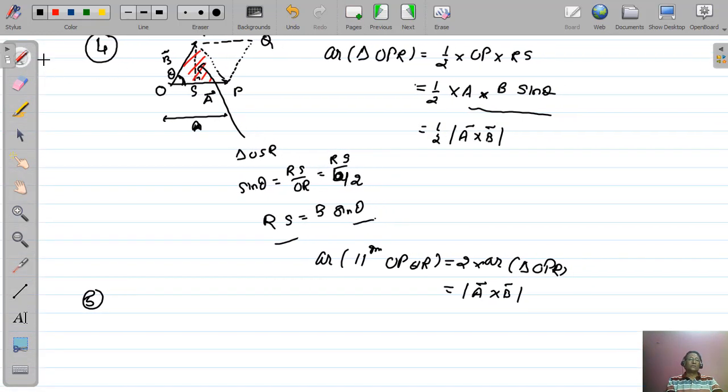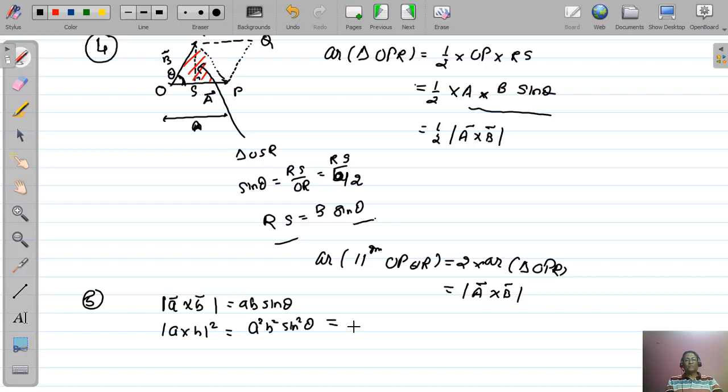Similarly, one more term is the Lagrange identity. For example, we have written magnitude of vector A cross B equal to AB sine theta. If we square it, magnitude of A cross B squared equal to A square B square sine square theta.